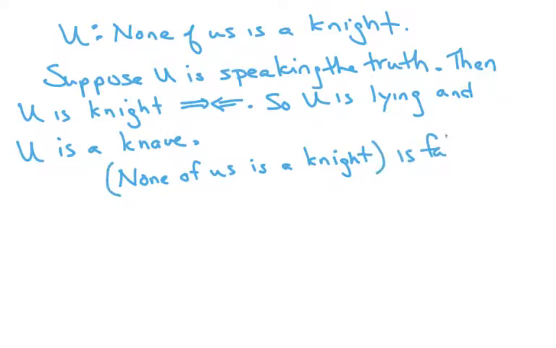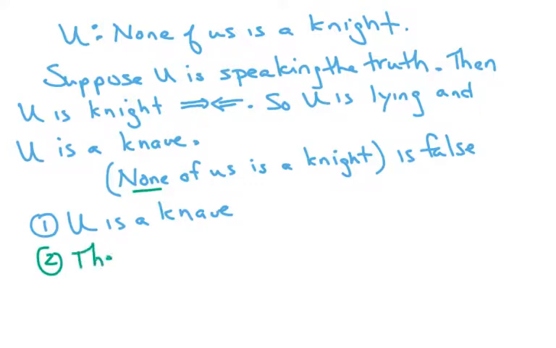So we know a couple of things. We know one, U is a knave, and since this statement is not true, we know there is at least one knight.